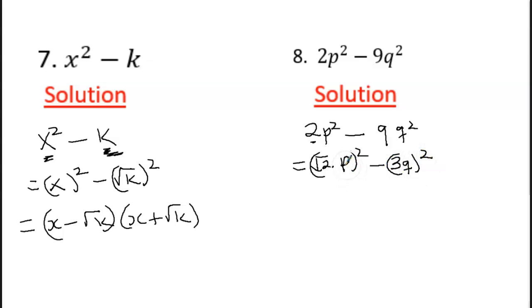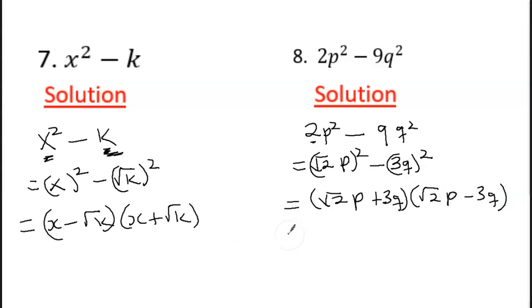Let me remind you, this p is not under the square root sign. So you have square root of 2p plus 3q, and then square root of 2p minus 3q in another bracket.